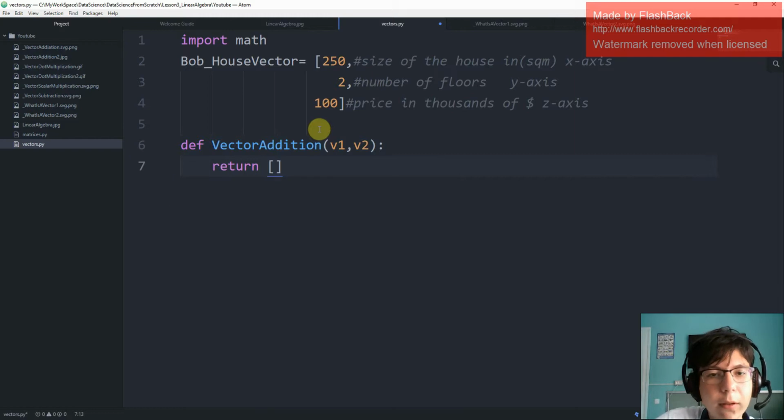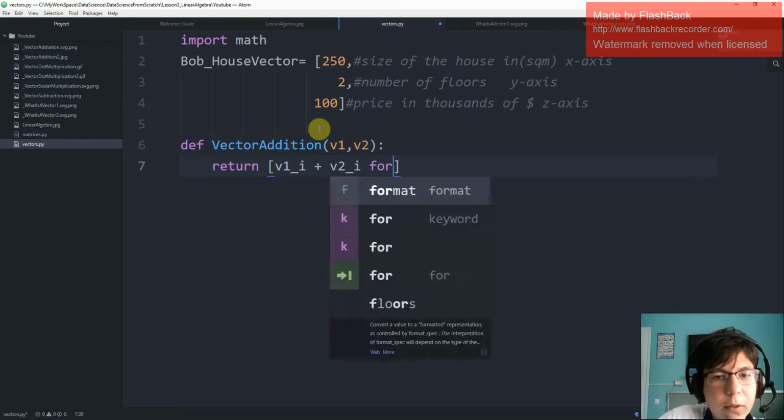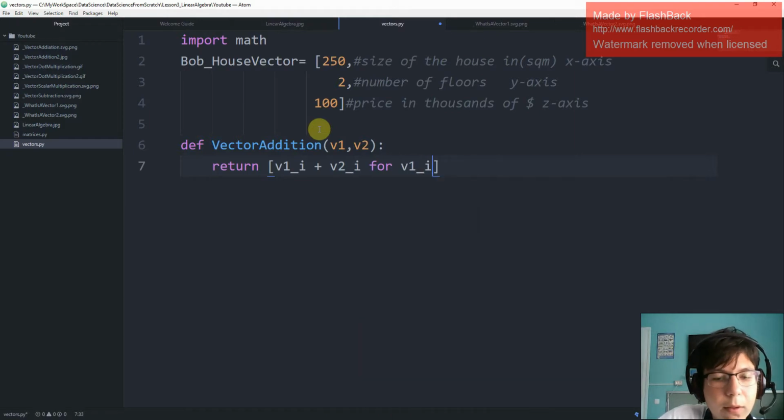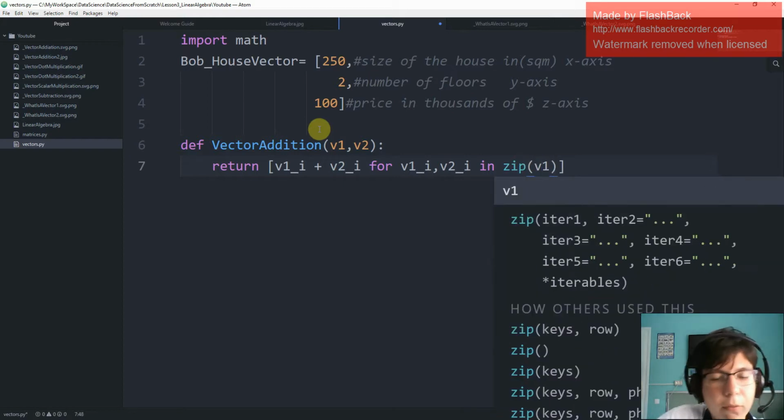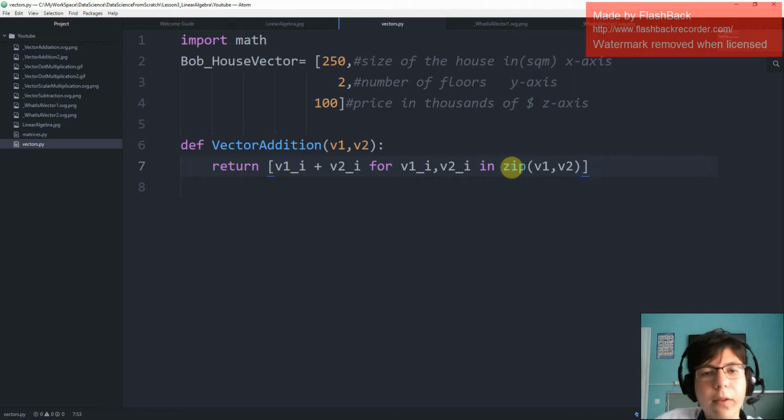So return v1i plus v2i for v1i, v2i in zip of v1, v2. So the vector addition is basically an element-wise addition of the two vectors.